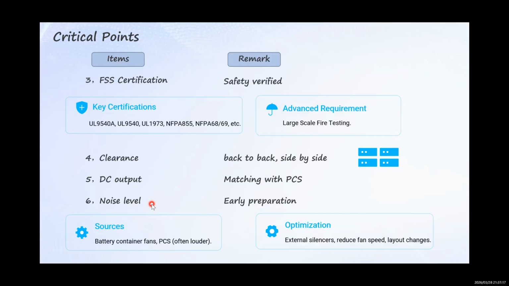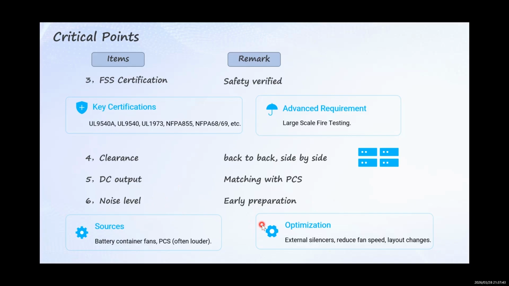Noise level. Generally speaking, manufacturers will provide testing reports from ISO standards. Meanwhile, pay attention to the PCS noise level, which may be even louder than battery noise. So it is necessary to consider the noise of PCS and battery container at the same time.